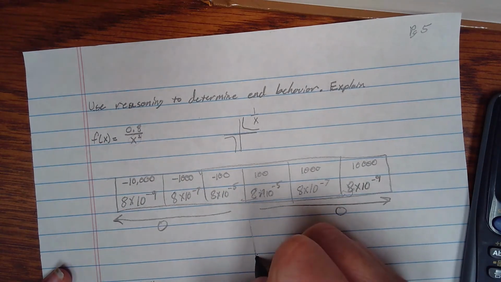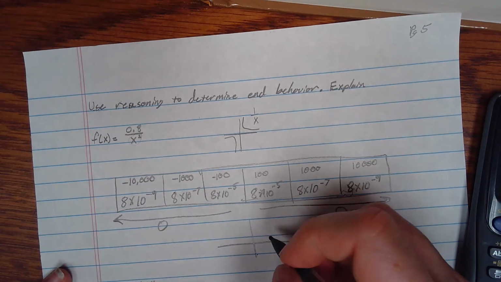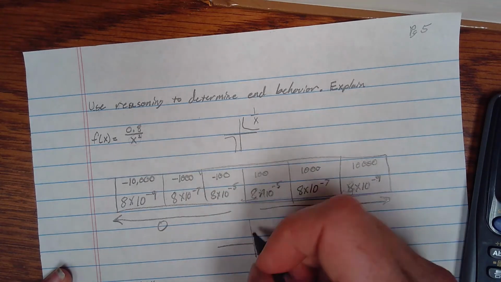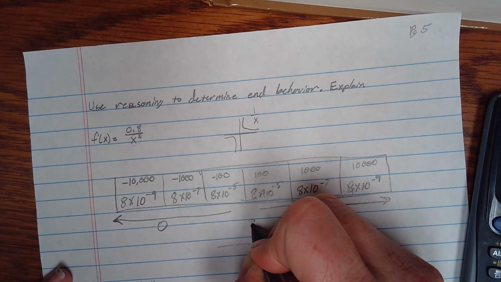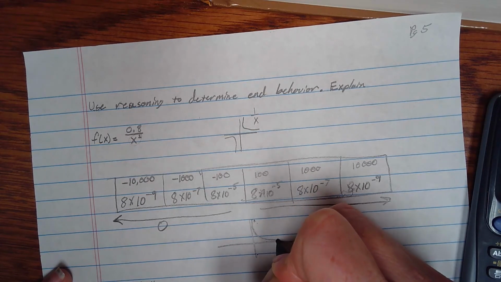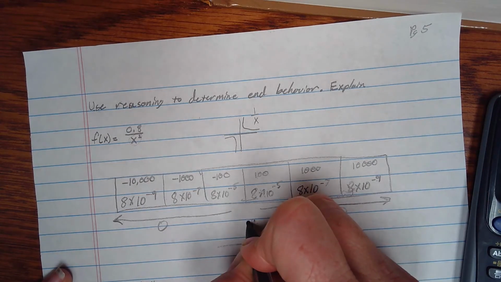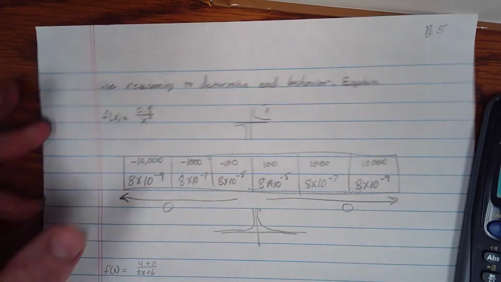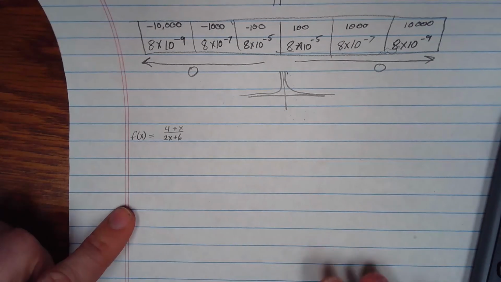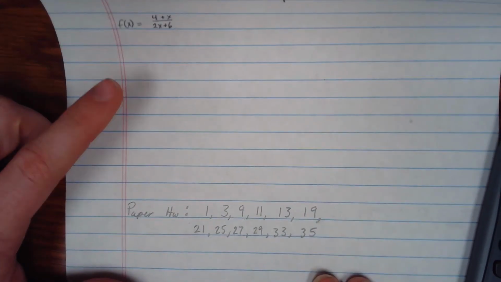To give you an idea of what we have going on here, this is 0.8, but it's coming down along this way, getting closer and closer to 0, and coming down along this way, getting closer and closer to 0.